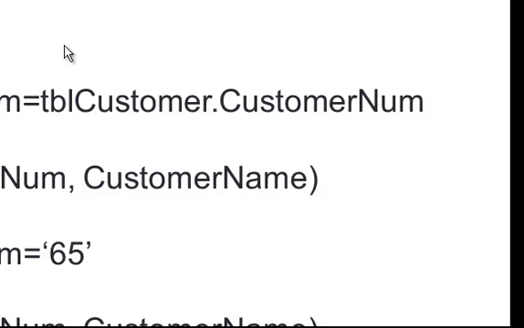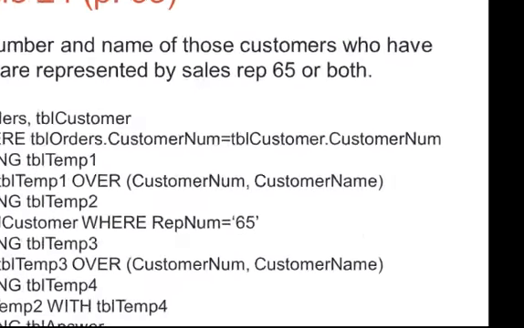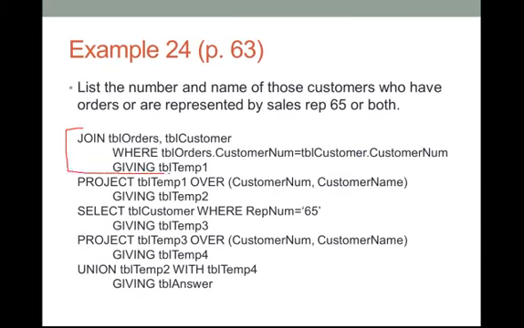We're going to list the number and name of those customers who have orders or are represented by sales rep 65 or both. So the first thing that we have to do is join the two tables together. So here's our join. These three lines are our join function. So we're joining these two tables where the customer number from the orders table is equal to the customer number from the customer table.